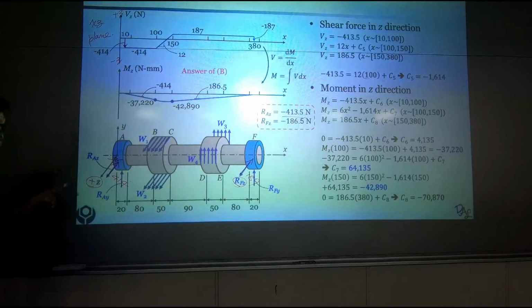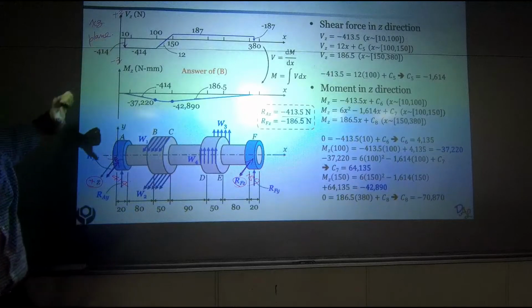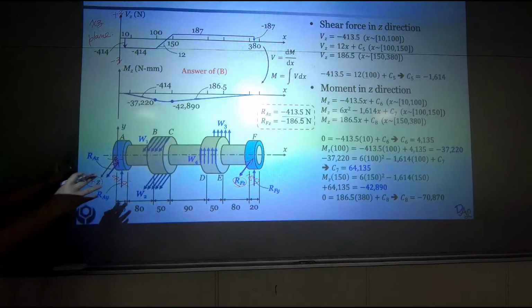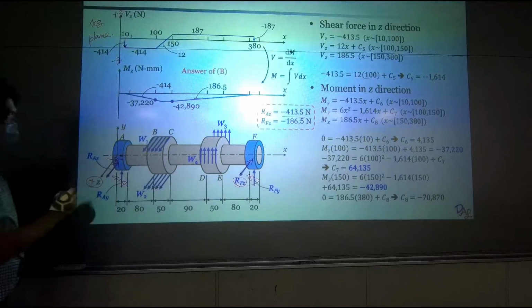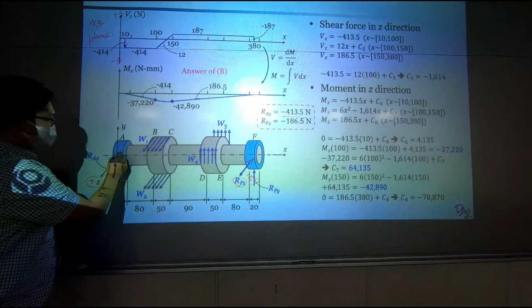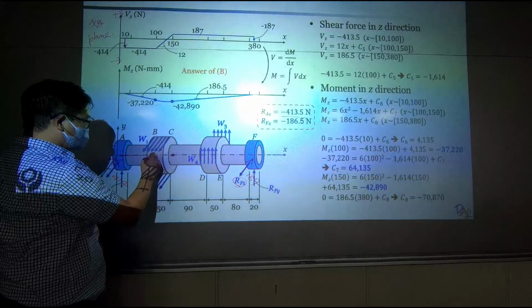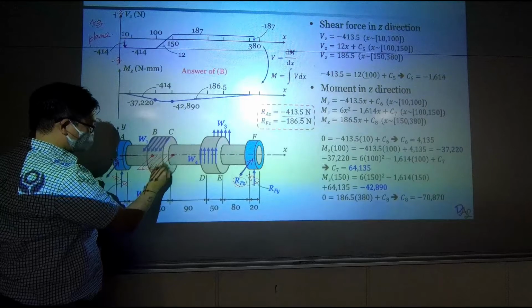Going this way will be downward in the diagram. So please make sure you make it right. Follow what we had earlier from the center point of the bearing going down to right here where we have the distributed loads.